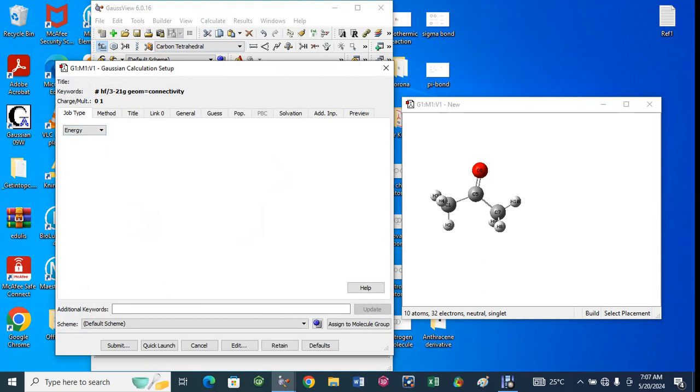Now we can see we have lots of icons and functionalities here. We have the job type, the type of job I want to carry out, the method I want to use to carry out that particular job, and the title of the work.